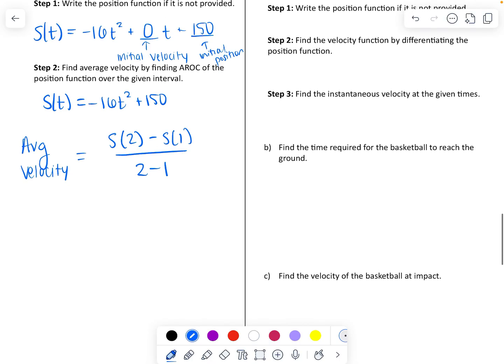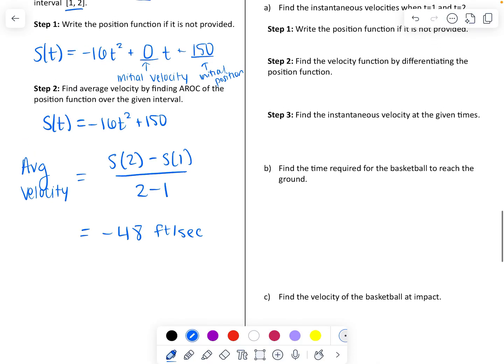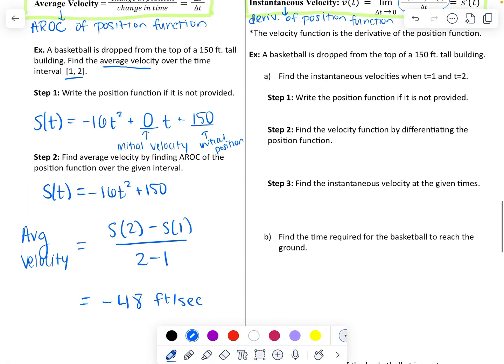Change in position divided by change in time. Okay, you guys can take a minute to do that, or I'll just give you the answer, hopefully that's right, negative 48 feet per second. All right, so you have to find s of 2 and s of 1 and then see what you get. Okay, that is average velocity.